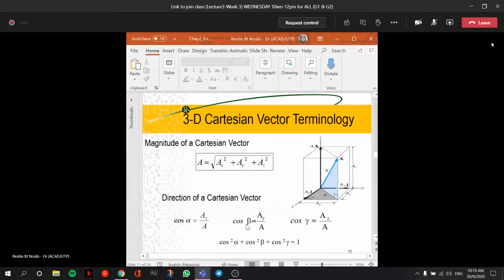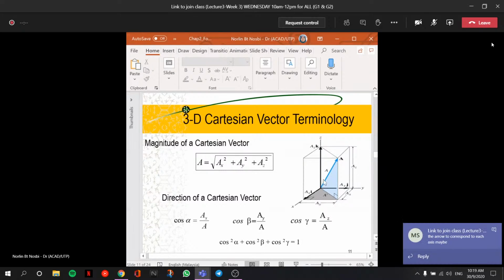Which one is alpha? Which one is beta? Which one is gamma? Yeah, good. The arrows correspond to each axis.